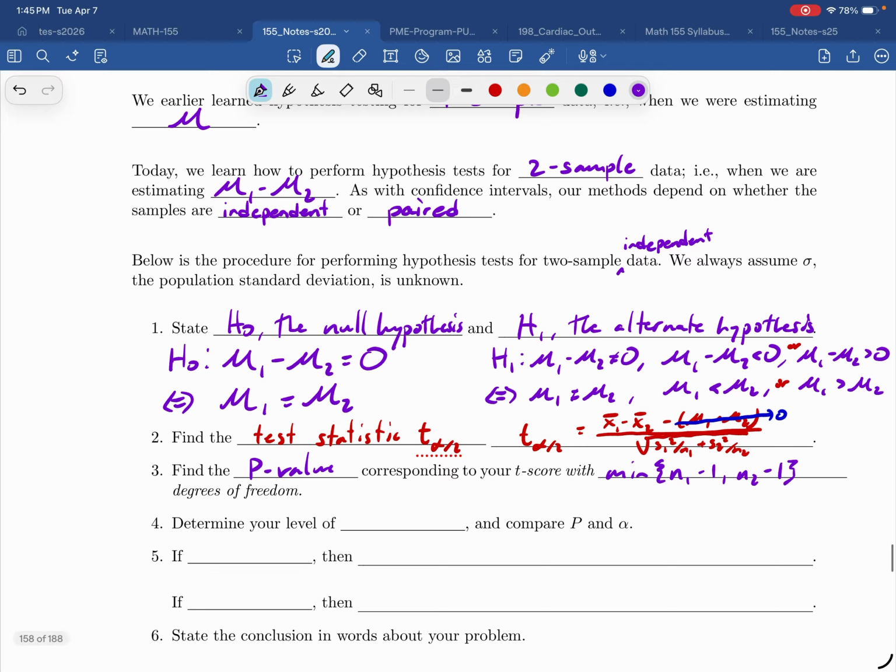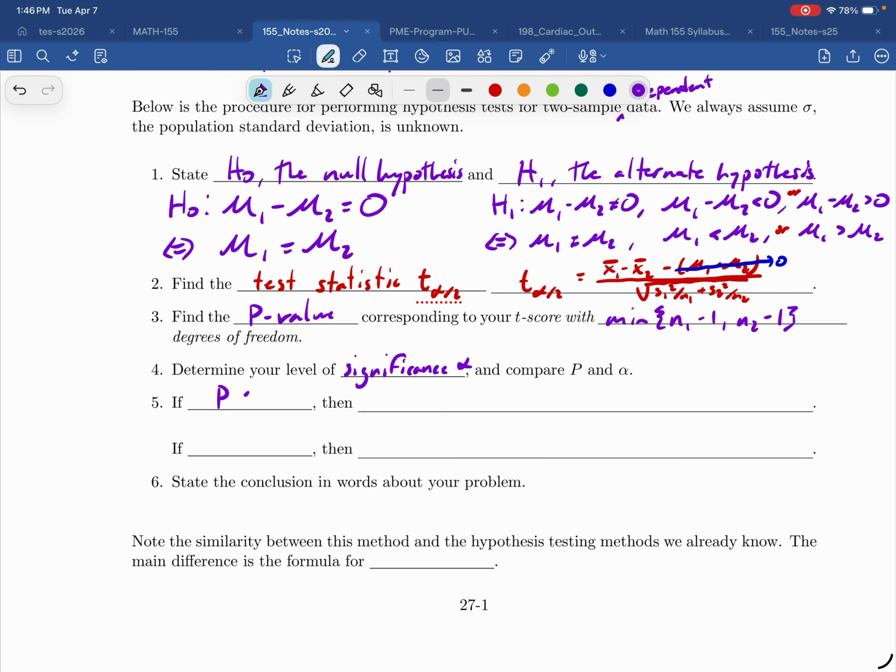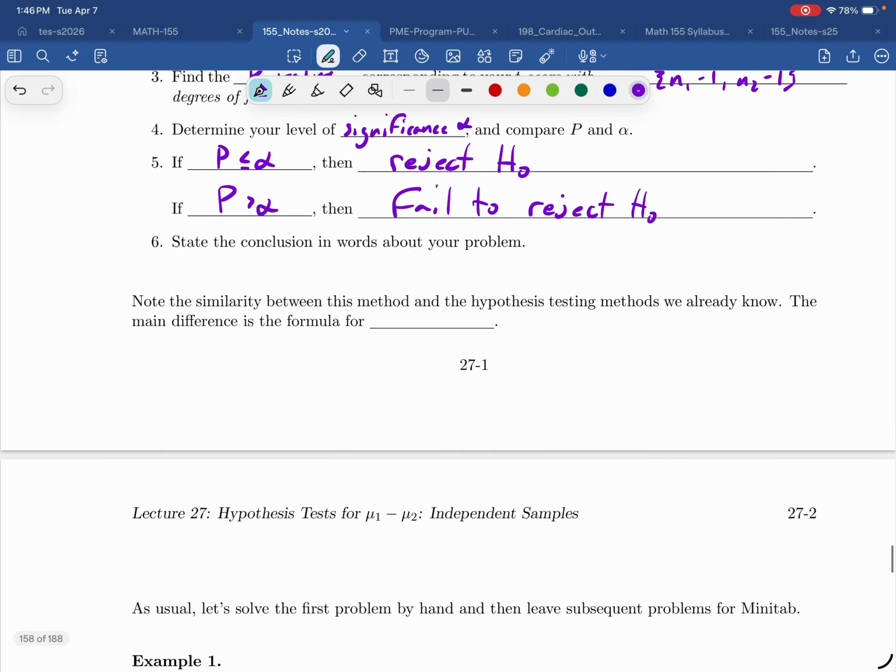Then we're going to determine our level of significance, which we always call alpha, and we compare p and alpha, and then you already know where this is going. If p is less than or equal to alpha, then reject the null hypothesis, and if p is greater than alpha, then fail to reject the null hypothesis. All right, and then state your conclusion.